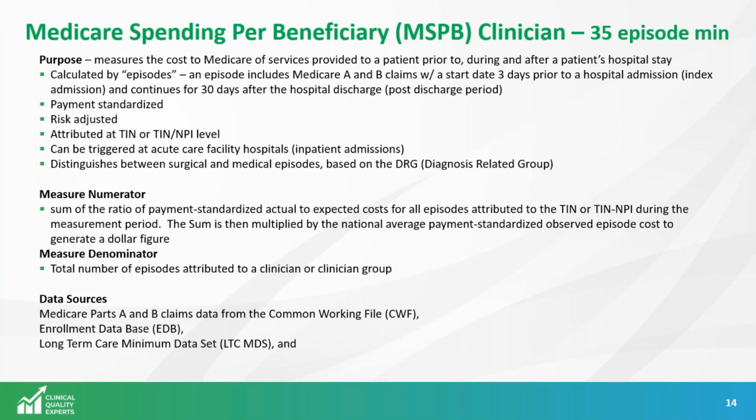The denominator is all the episodes that are attributed to the clinician or group during the performance year. To get the numerator, CMS sums the ratio of actual to expected costs after payment standardization, but basically all of it means that CMS takes what is spent over what they expected something to cost to make the calculation. And next slide.